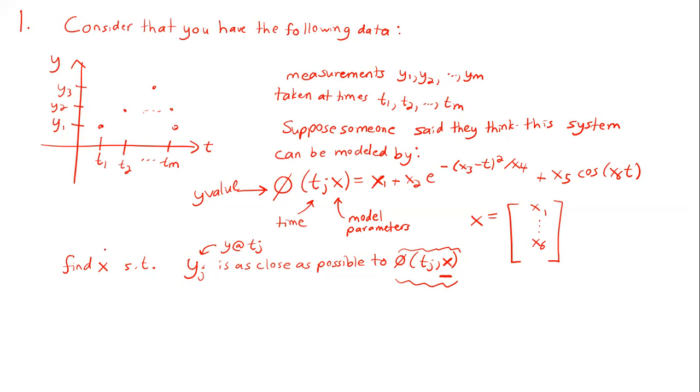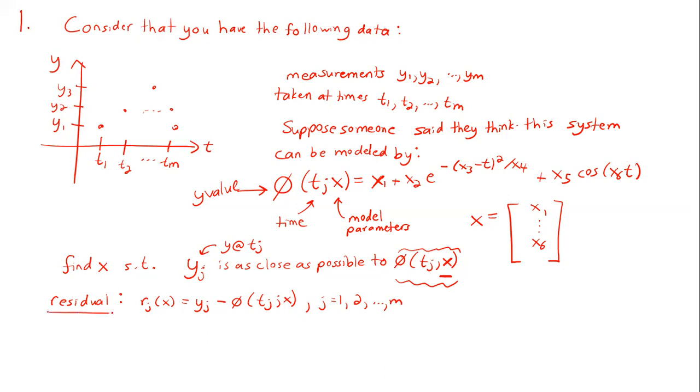at any time tj. And so we'll define this residual. Rj of x equals yj minus phi of tj given your x vector here. And this is going to be a residual for j from 1 to m.